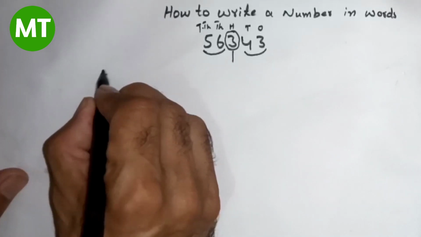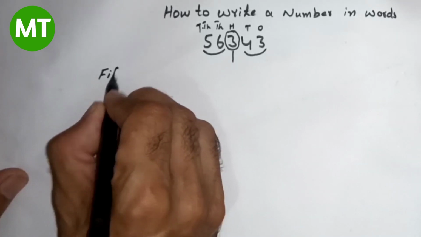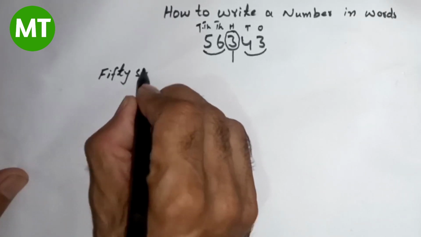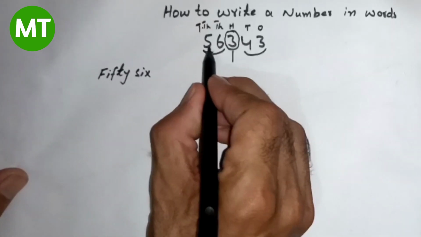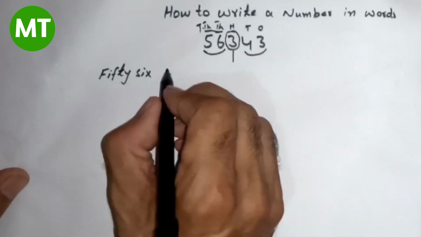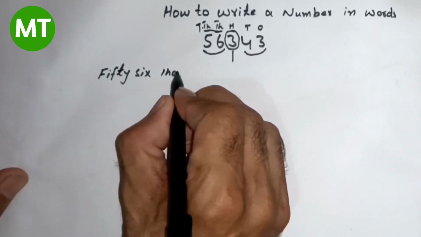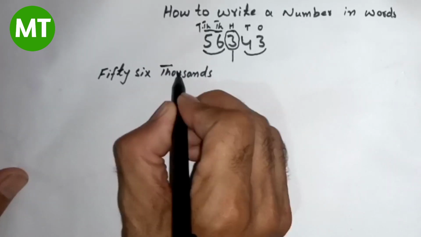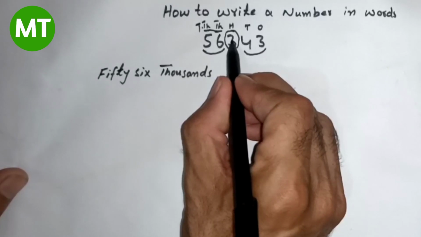So first of all, we will write from the higher place value, that is 56. First we will write their spelling, 56, and now we will write their place value as thousands. So we will write 1000. So it will become 56,000.